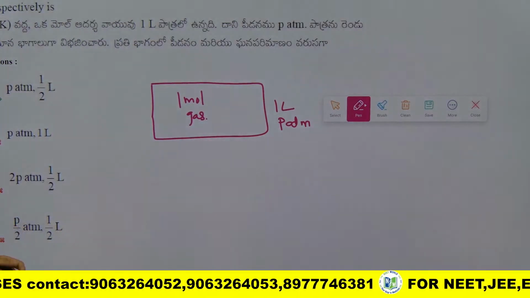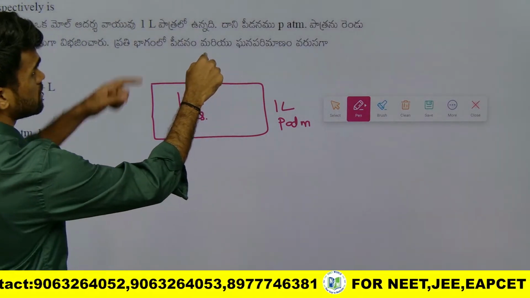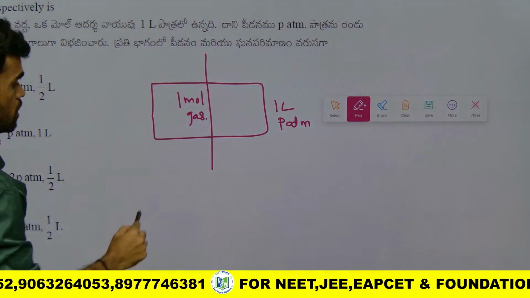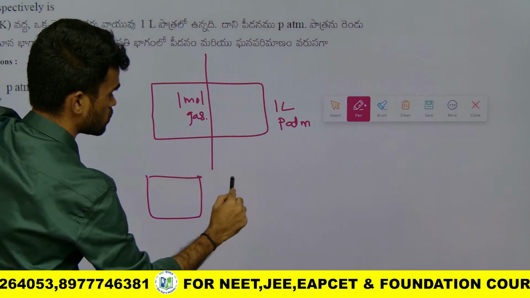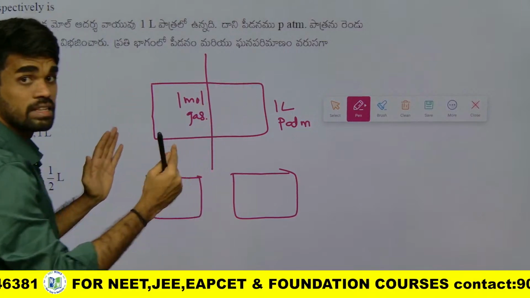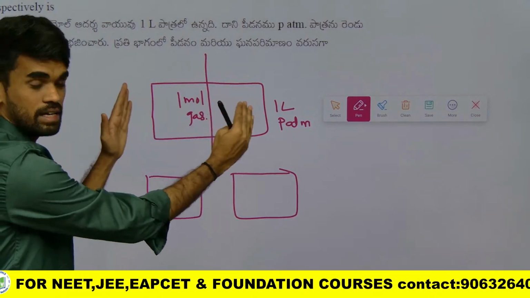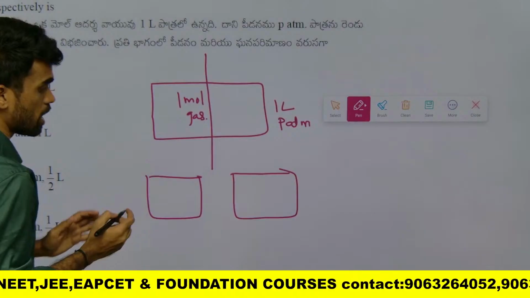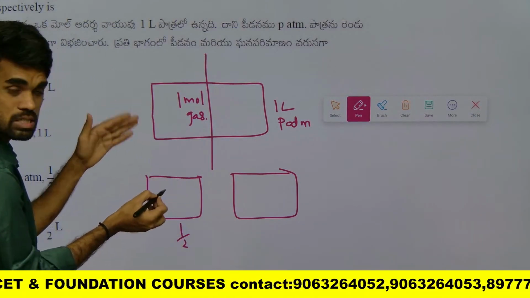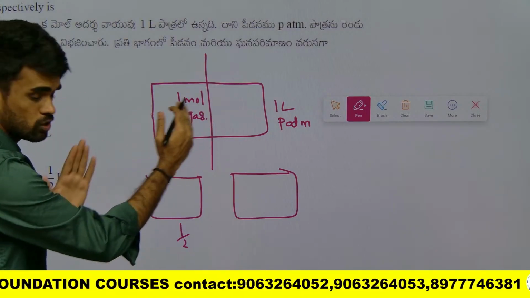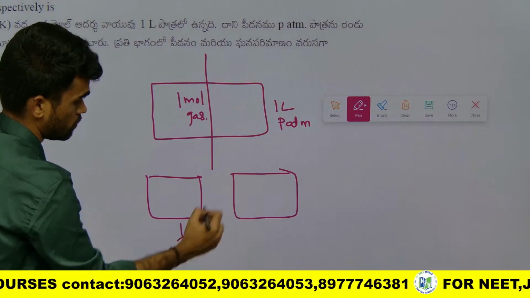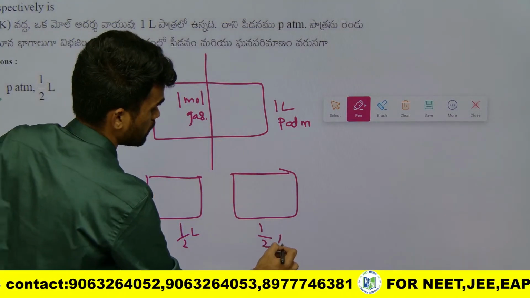Now see what they did: the vessel is divided into 2 equal parts. What is the volume of each vessel? Since it is divided into two equal halves, they are not compressed, they just divided it. So the volume becomes half and half, half a liter each.